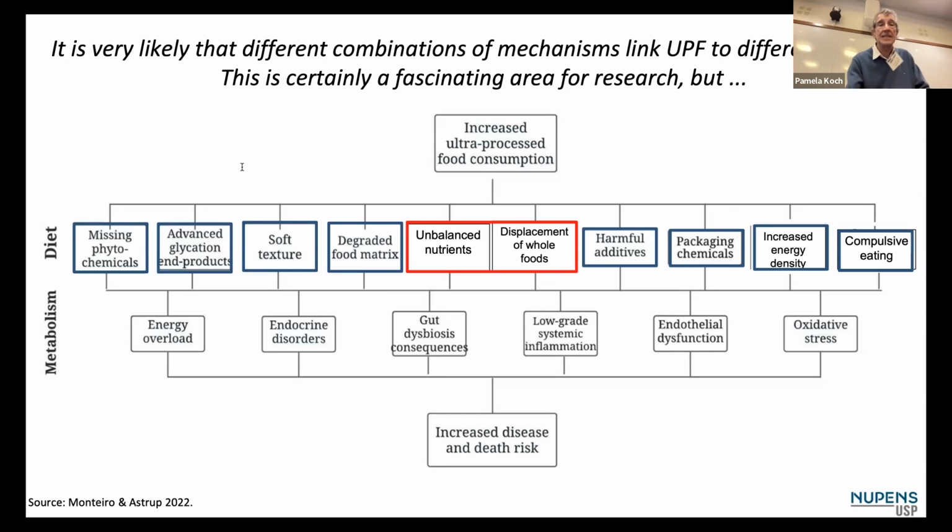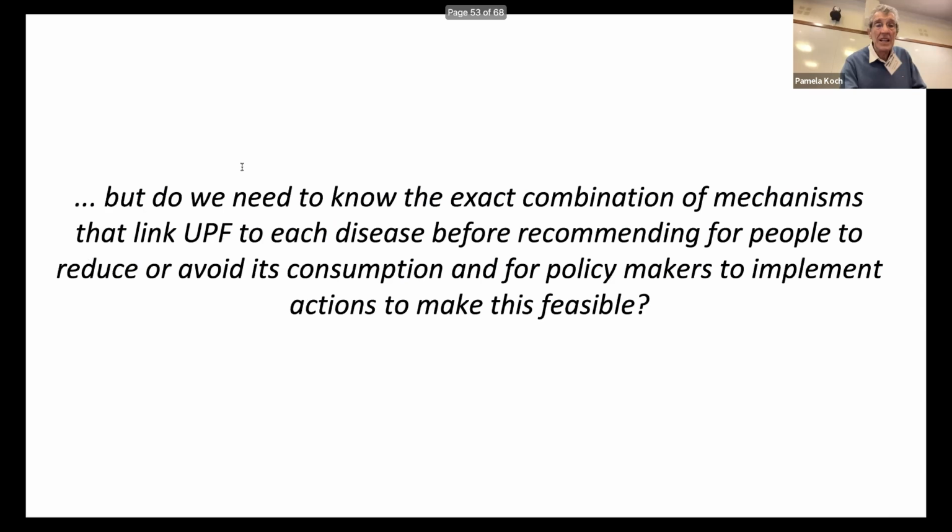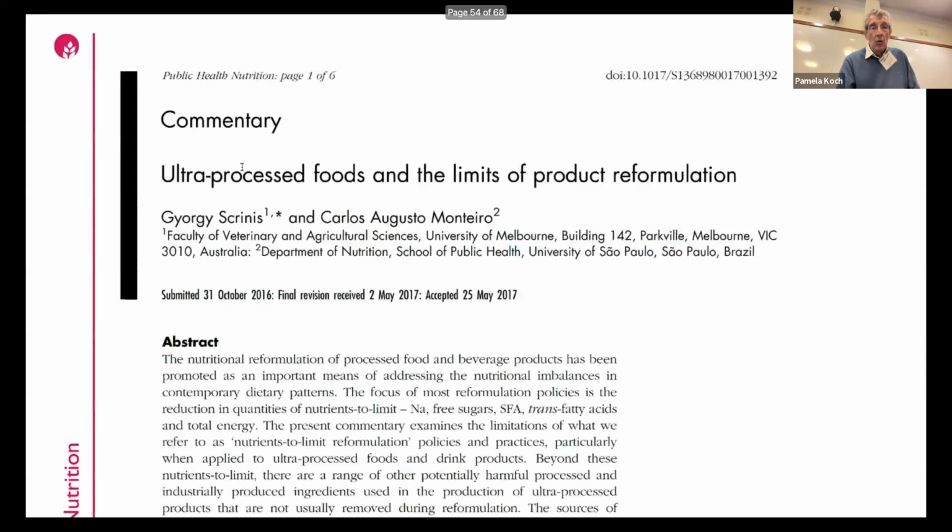But the question that I want to leave with you for discussion: do we need to know the exact combination of mechanisms that link UPF to each disease, 14 I showed to you before, before recommending for people to reduce or avoid its consumption and for policymakers to implement actions to make this feasible? Well, we think we have enough evidence. That's good.